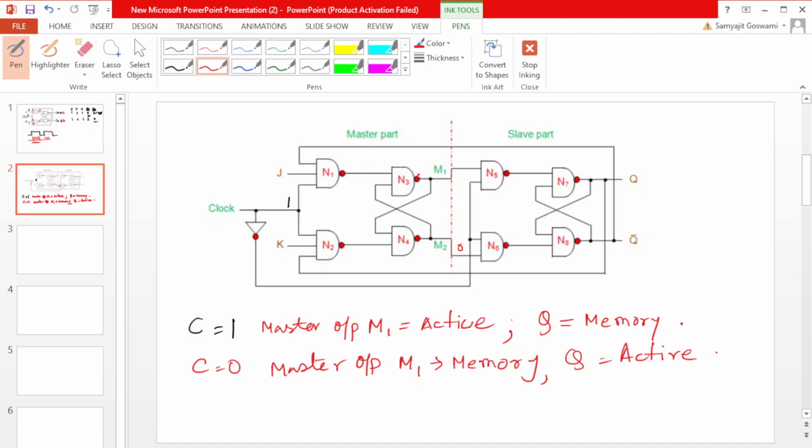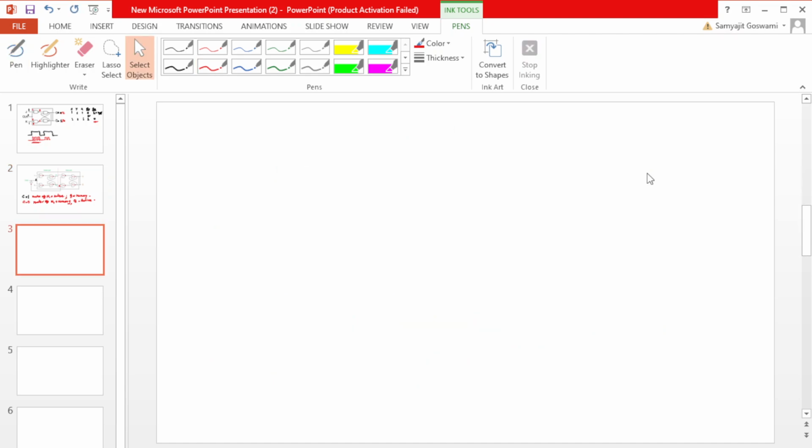So when a clock pulse of 1 is applied and the master flip-flop is active, after that it just transfers this data to the slave, and the slave stores this data. When the clock pulse is 0, then the slave works and transfers the output. So this is the basic concept of the master slave flip-flop.